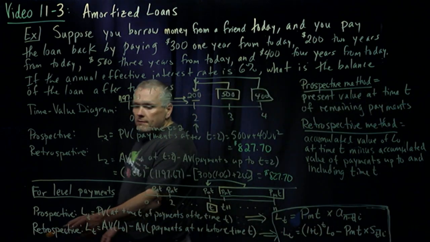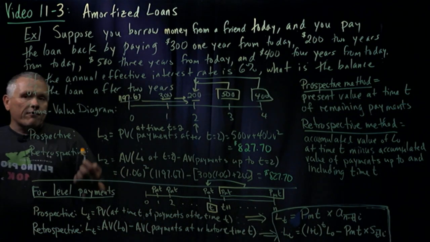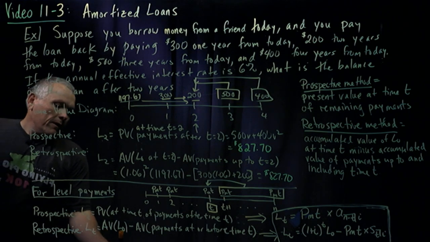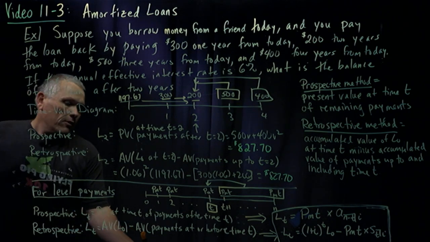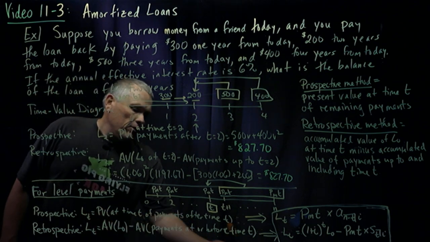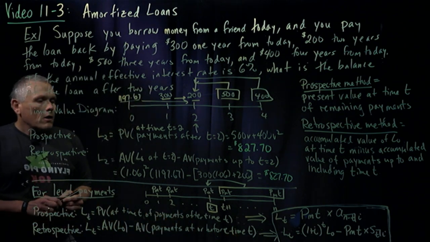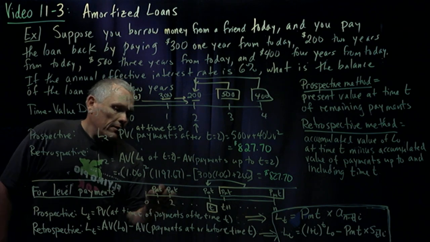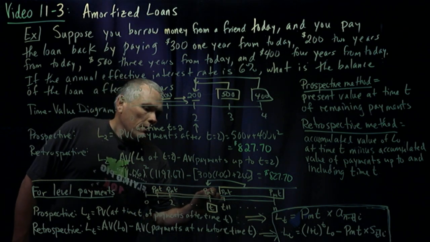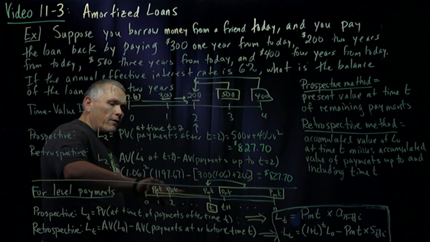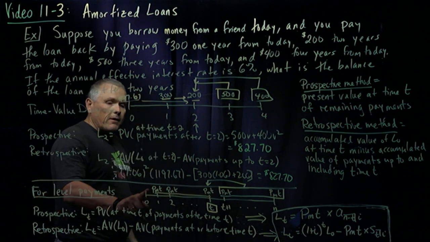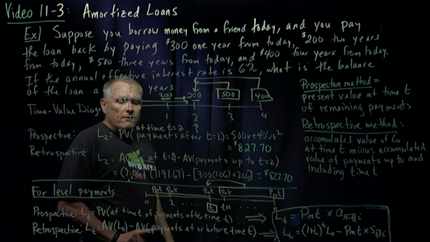For retrospective, remember again, we're looking back. We look at the accumulated value of the initial loan amount minus the accumulated value of any payments at or before time t. Well, if I look at those payments, we notice that again we've got this annuity immediate because all these payments are coming at the end of the time period, and we want accumulated value.